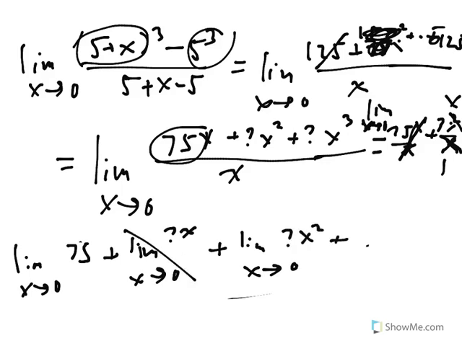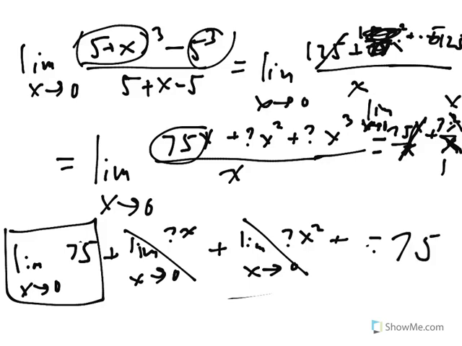And all these things would become 0, and all that will be left is the 75. So if you can anticipate that there's going to be a lot of terms with x to powers greater than 1, those terms aren't going to be important because they're going to end up becoming zeros anyway. And the answer to this question was just 75.